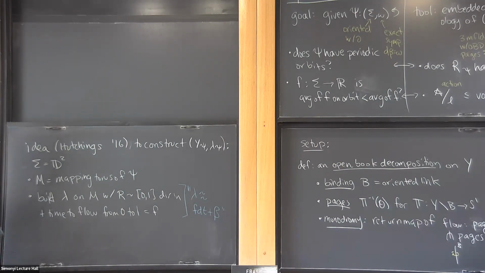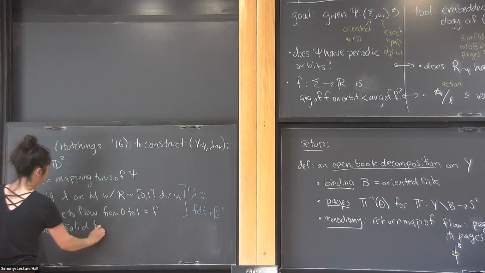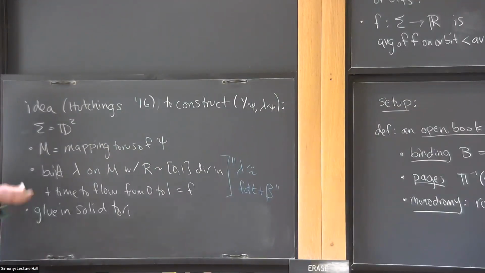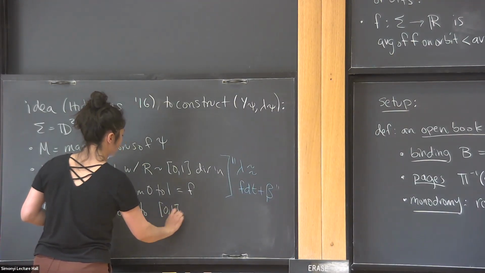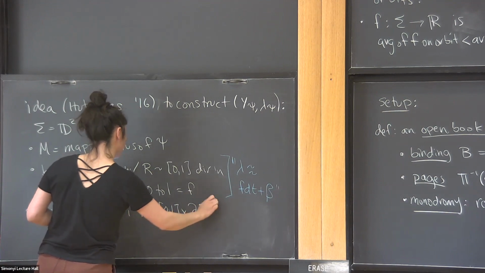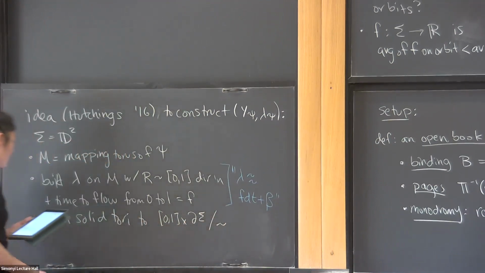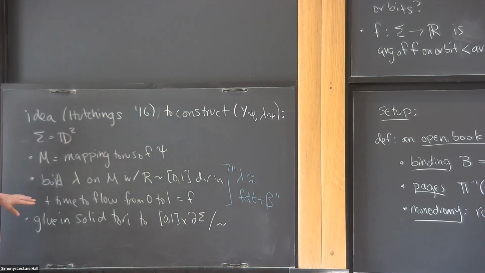And then the final step is you glue in solid tori to 0,1 across the boundary, mod the equivalence relation. You have to do this in the right way to get a manifold and so that your contact form is still defined.